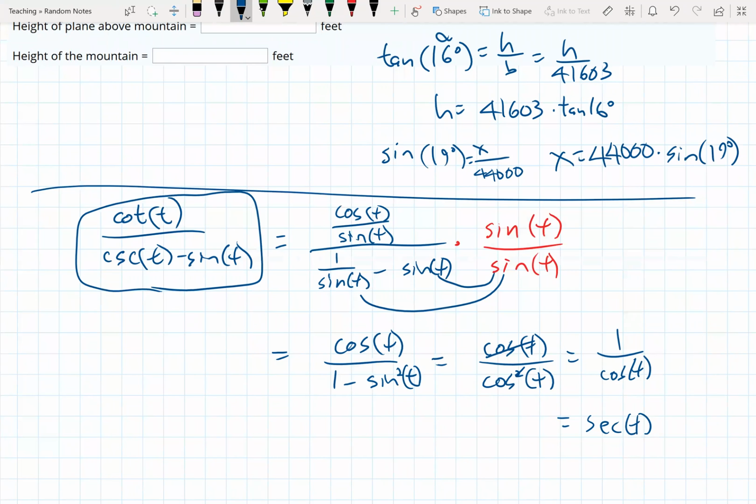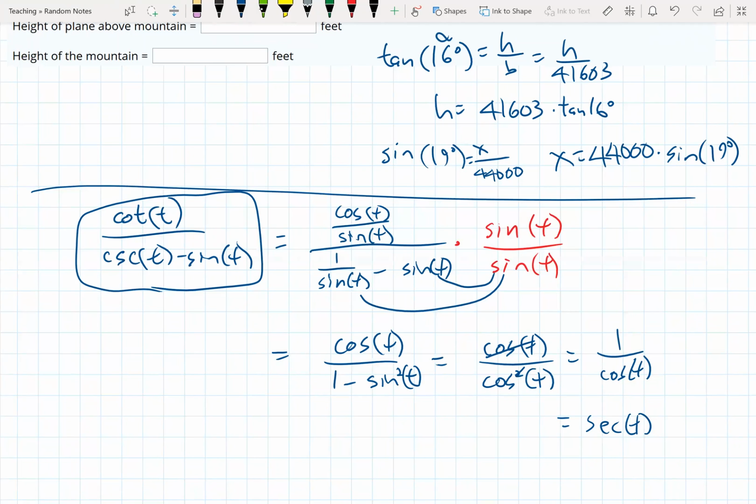Then I saw that I had denominators of sine on the top and bottom, so to cancel those out, I multiplied top and bottom by sine over sine. On top, it cancels and leaves cosine. And on the bottom, I distributed it, and sine of t times 1 over sine of t is 1. That's the first one here. And sine of t times sine of t gave me sine squared.